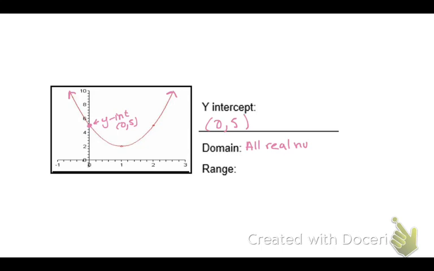It goes to negative infinity and positive infinity. And then my range, let's see, this is the lowest point, and then it goes up, right? So then that means that y is greater than or equal to 2.